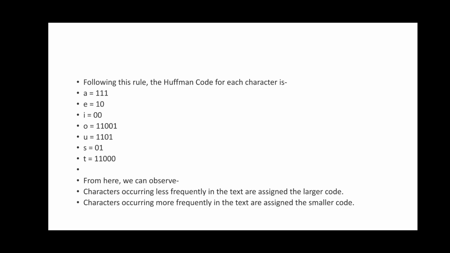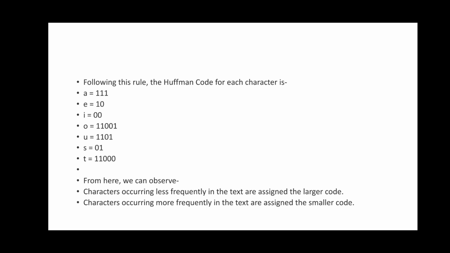We can observe that among the characters in the given list, O and T have the larger codes. That is, we can also say that their frequency is less, and the codes for E, I and S are small. That is, they have only two digits. So we can also say that these three characters occurred much more frequently.